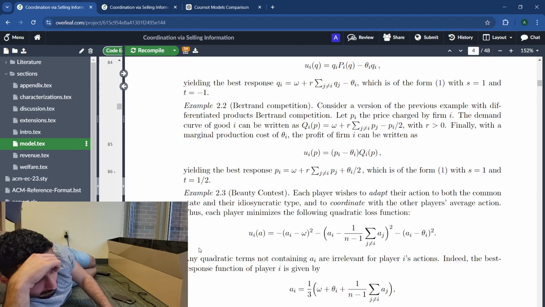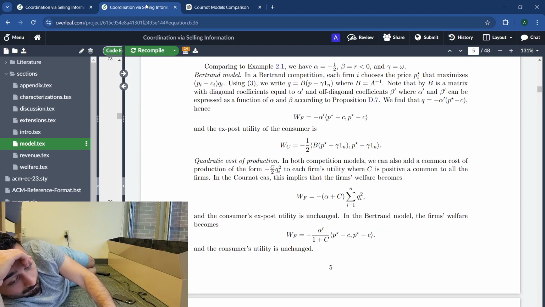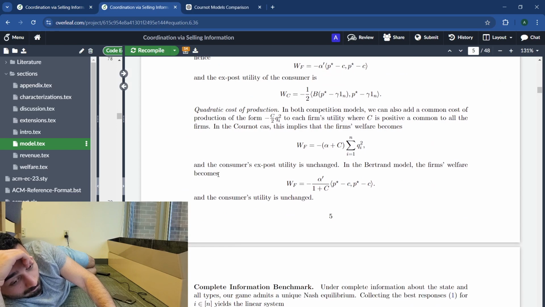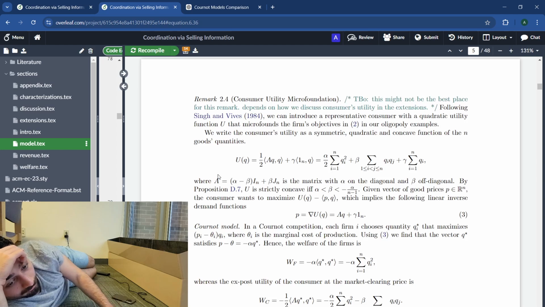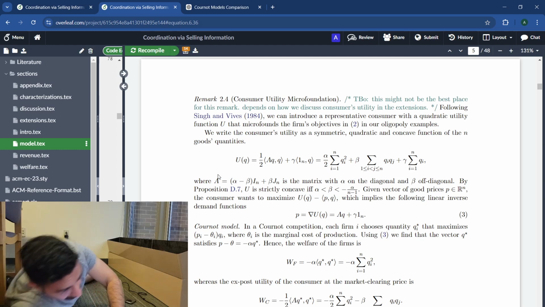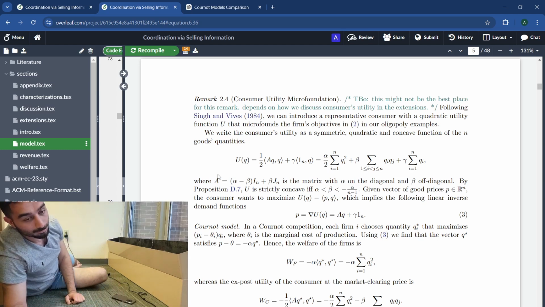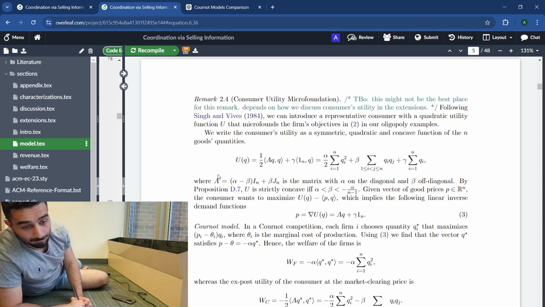Now we will go to the other example. The thing is that we defined utilities based on quantity. Well, actually it is true, it's just Qi of P. Utility of the consumer is still the same formula.